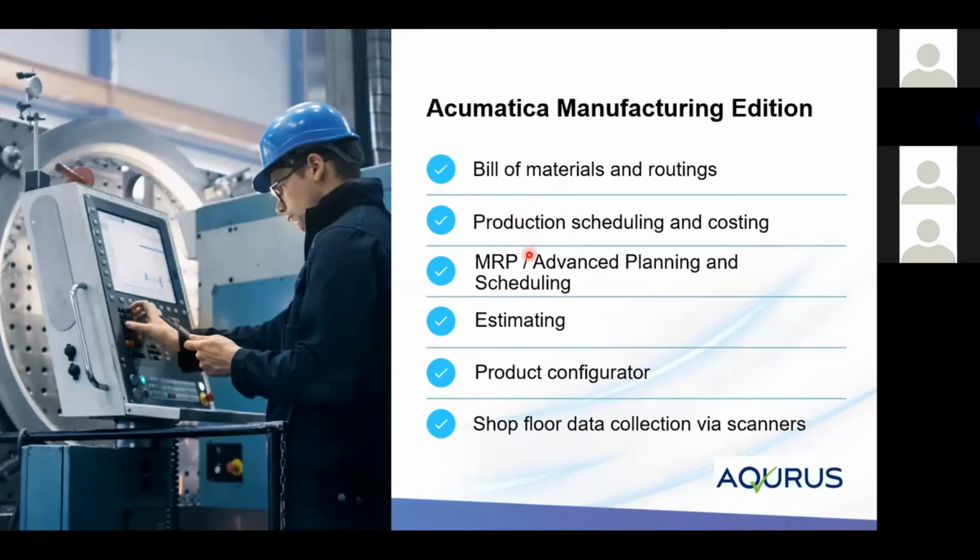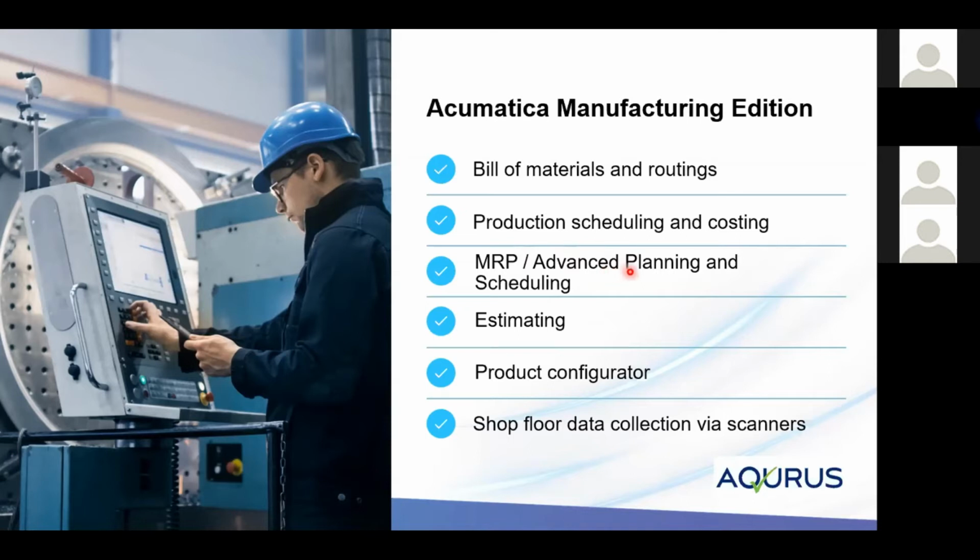Some of the additional modules within Acumatica Manufacturing Edition. Now, we're not going to get into those too much today, but we'll certainly want to review them with you depending on your journey in your software. But what we want to do is just introduce them here. So MRP, Material Requirements Planning, and Advanced Planning and Scheduling. This allows you to do automated system automation based on demand levels or demand from customers and so on.